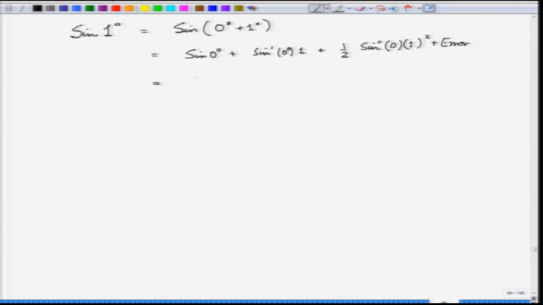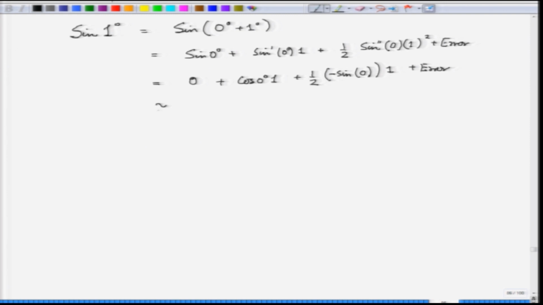Sine of 0 is 0, so it is 0 plus cos 0 is 1 plus half of derivative of cos, which is minus of sine. Okay, the derivative of cos theta is minus sin theta. So, it is minus of sine 0, which is 0, into 1 plus error.